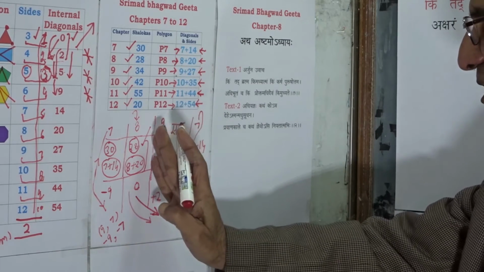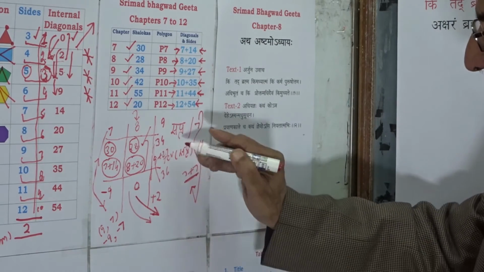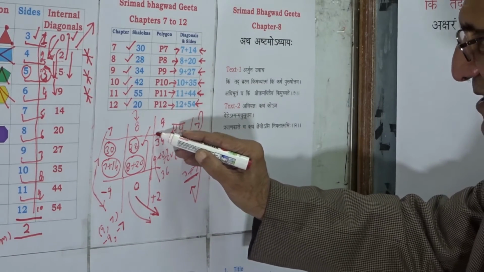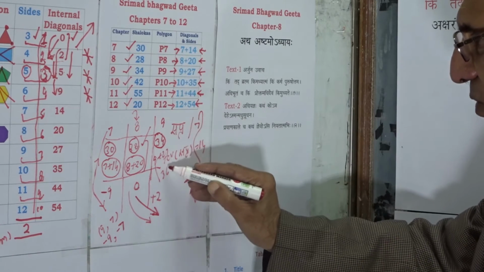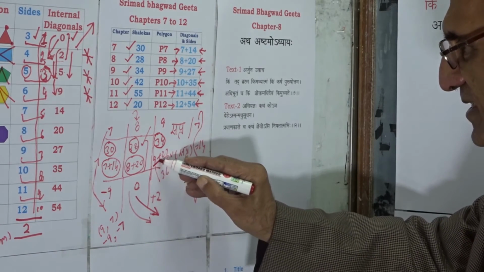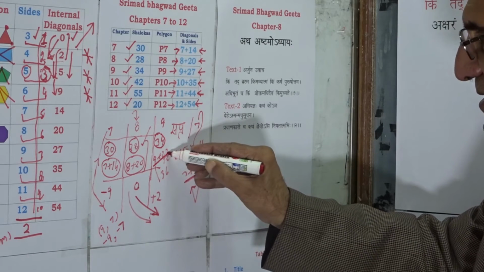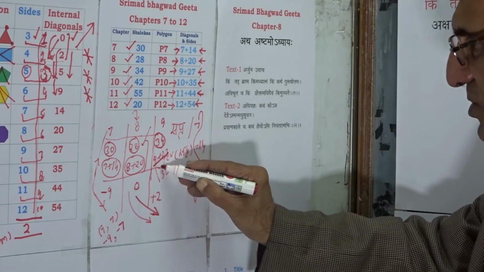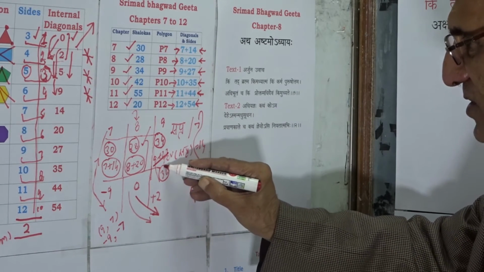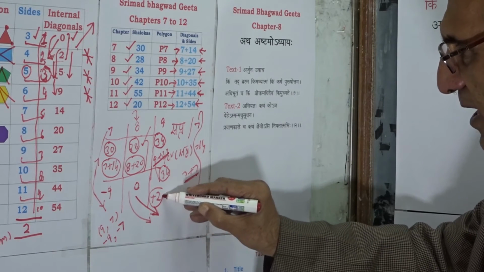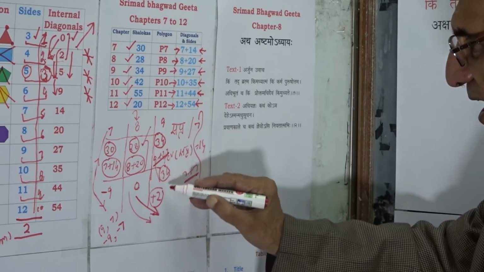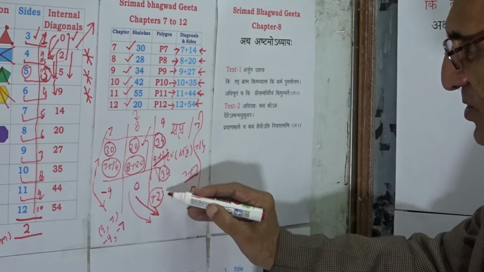While we proceed a step ahead, chapter 9 is a scripture of 34 shlokas range, while the number of sides and the internal diagonals of P9 leads to value 36, which is 2 more than the number of shlokas. As such, the difference value is plus 2.